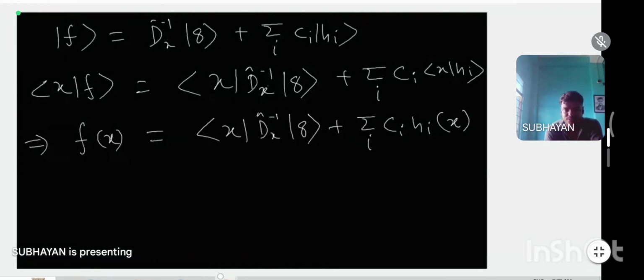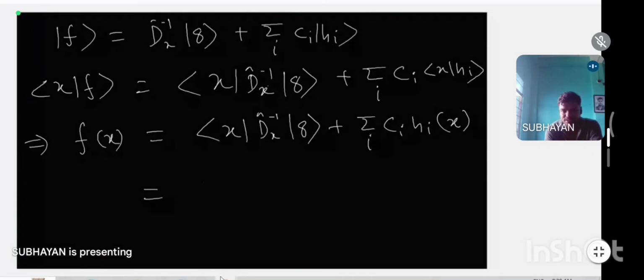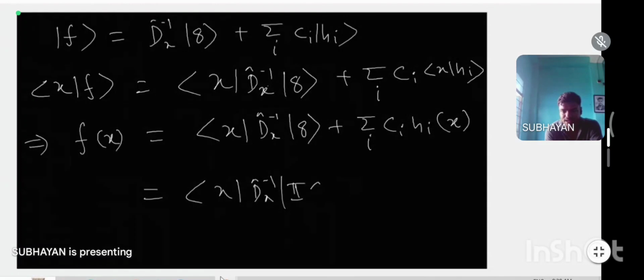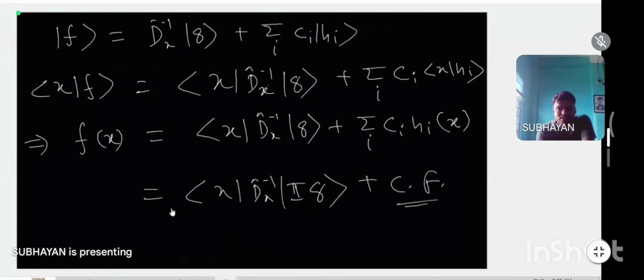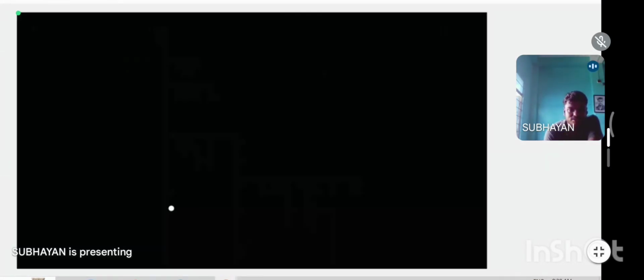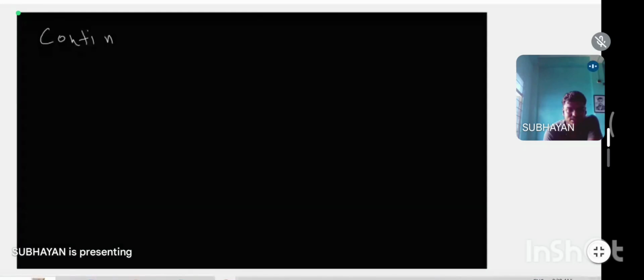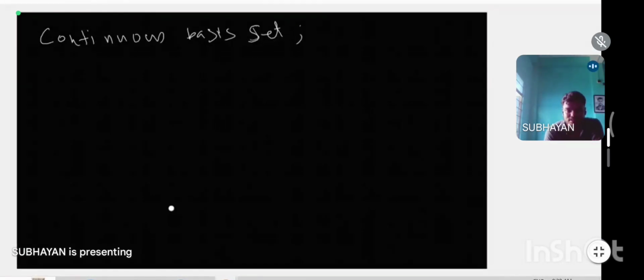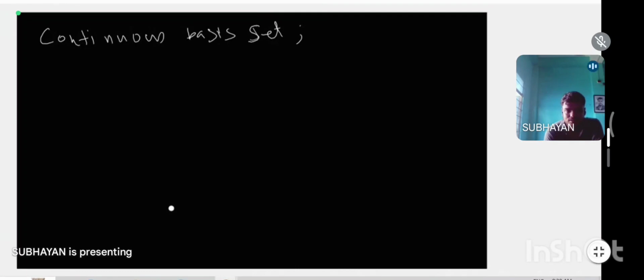Okay. Now in this portion, you can introduce some unity operator here. Suppose this is I, g plus this is the complementary part. And in Hilbert space, that means continuous basis set, in a continuous basis set, what is the form of I?